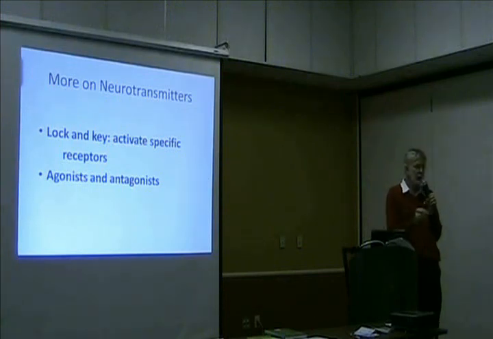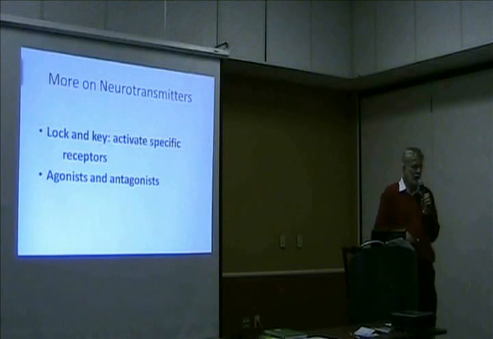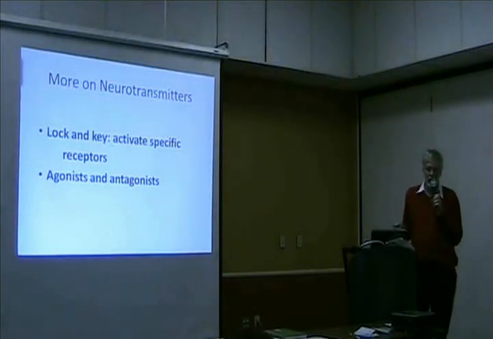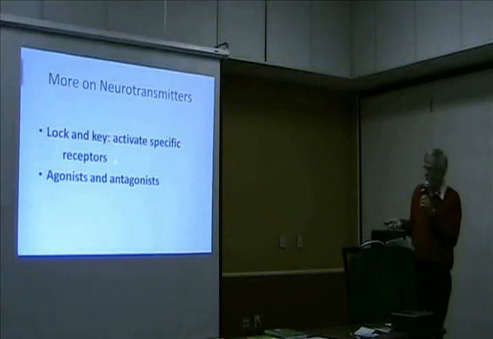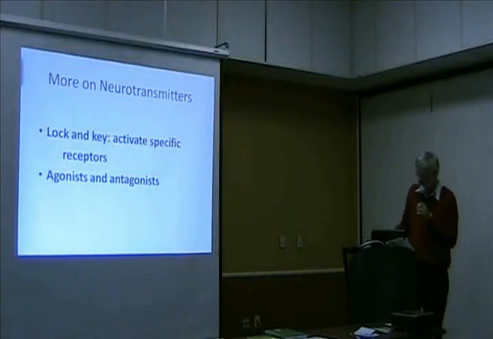But when the other key that is not going to open the door is occupying the lock, then the other key can't get in. And this is what you see with antipsychotic medications, where the drug binds to a receptor, and in most instances it's a dopamine receptor. And it prevents dopamine from normally activating that nerve cell. So that would be considered an antagonist.